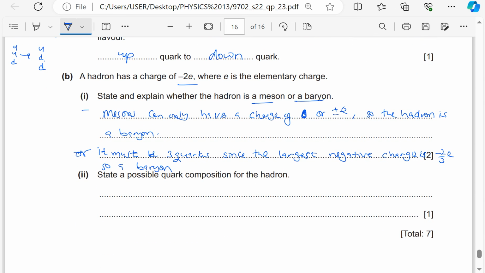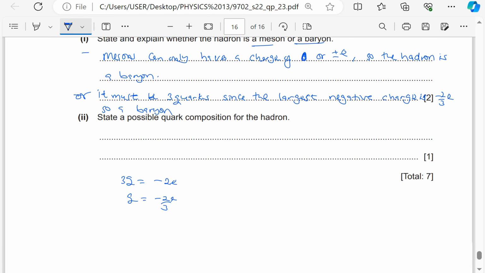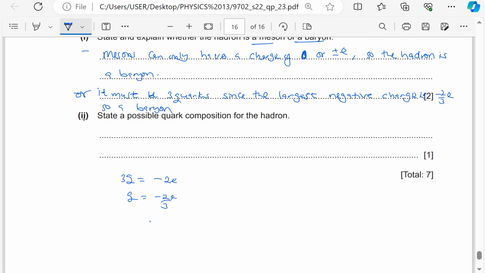Then state a possible quark composition of the hadron. So we can try to check. If I say 3q equals negative 2e, it means q equals negative 2e over 3. So this is an anti-quark, which is either anti-top, anti-charm, or anti-up.